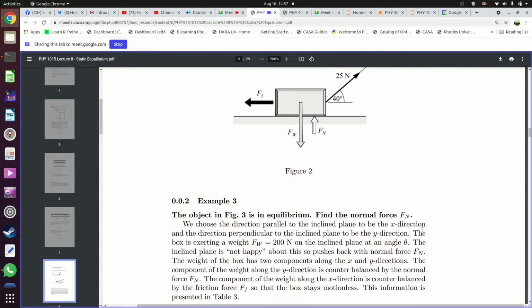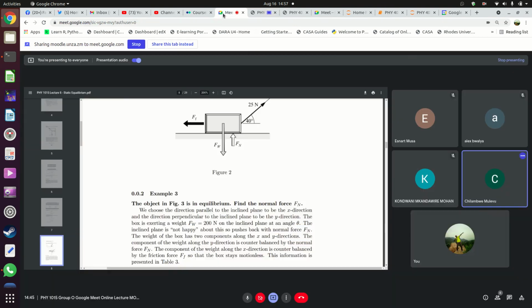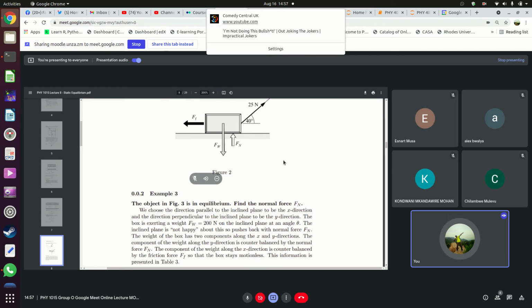Is it becoming clear on what we are doing? Is it becoming clear on what it is supposed to be done and how we are doing things? You have to identify what object it is, then you draw an XY plane over this particular object, then you choose the direction.